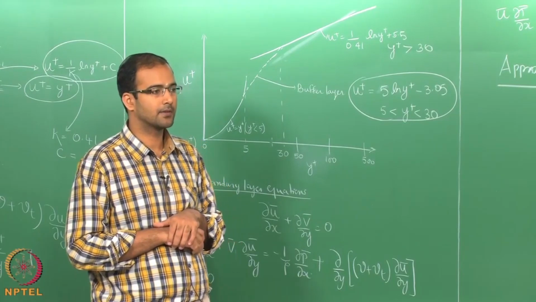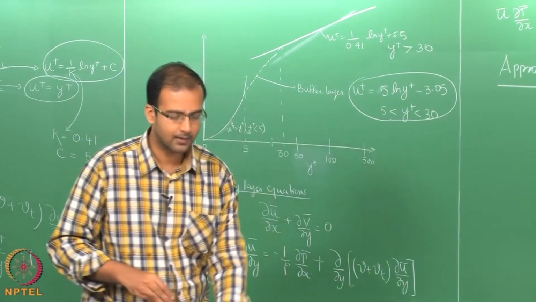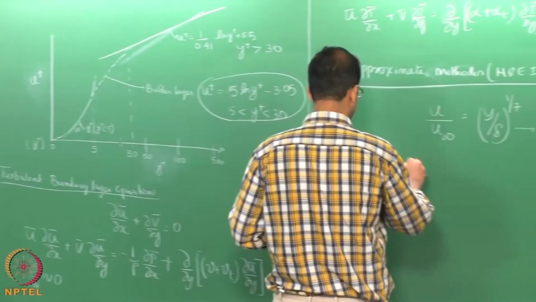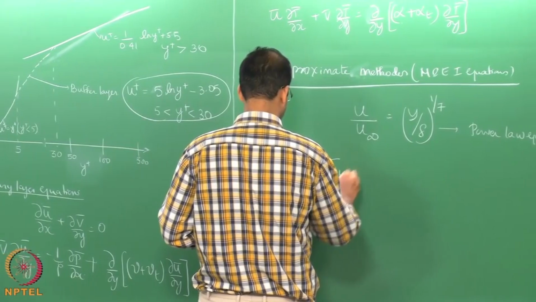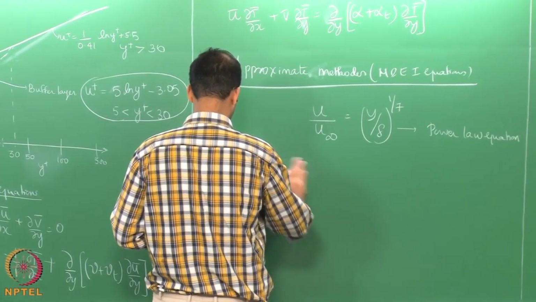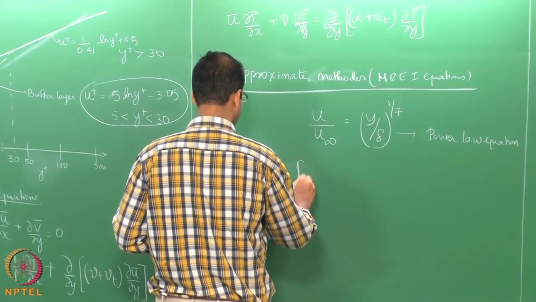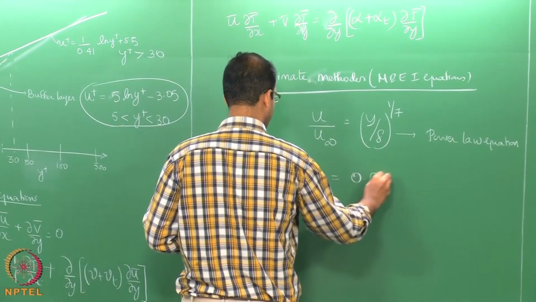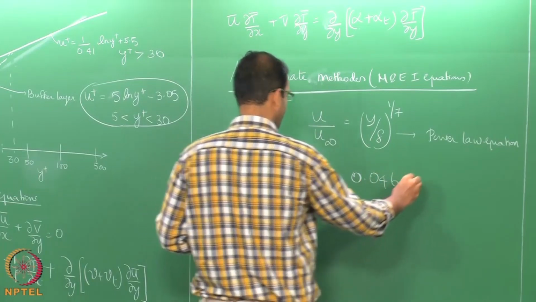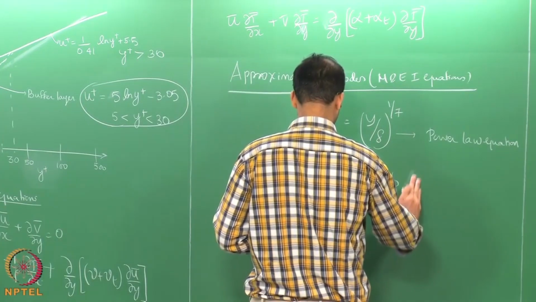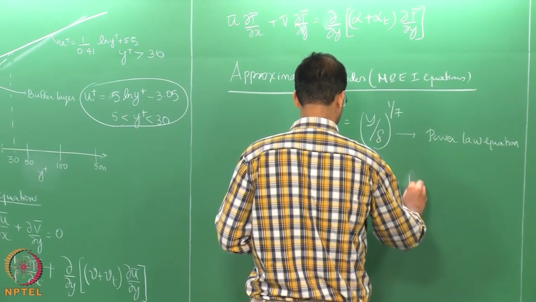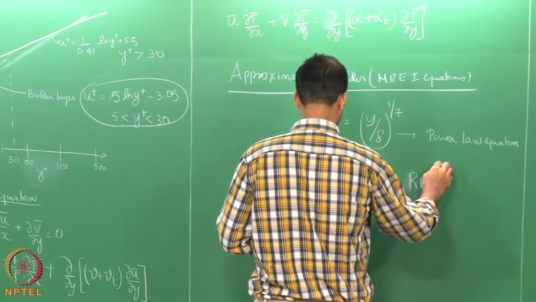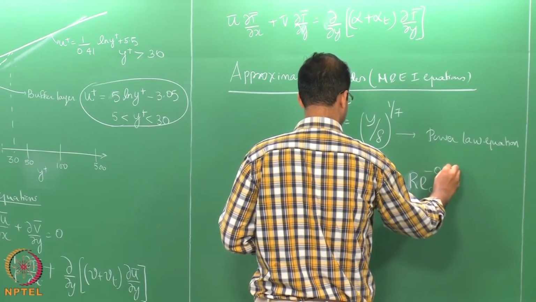Therefore, we will have to use some kind of an empirical formulation for the wall shear stress, and usually the variation used is Cf equal to 0.046 times Re delta to the power minus 0.2.